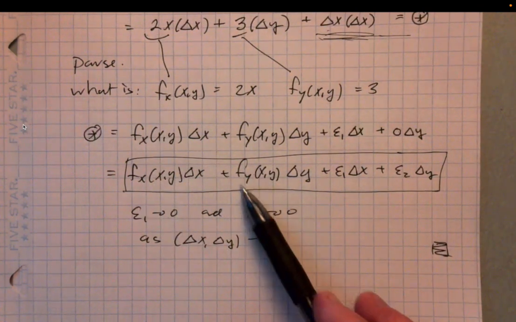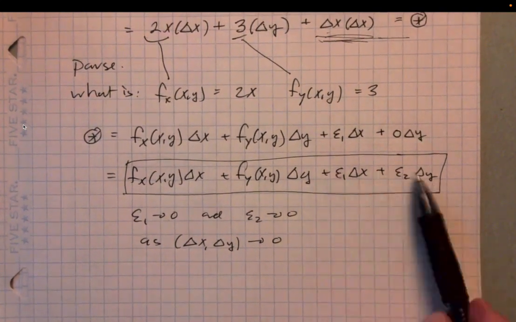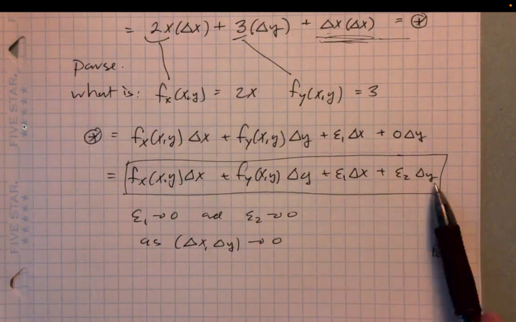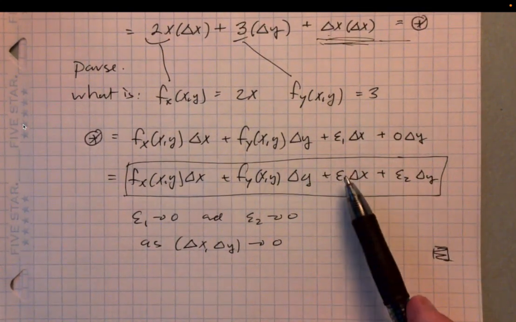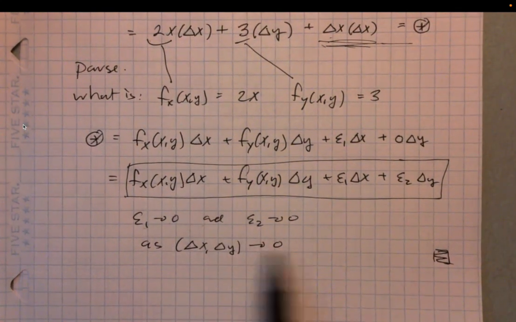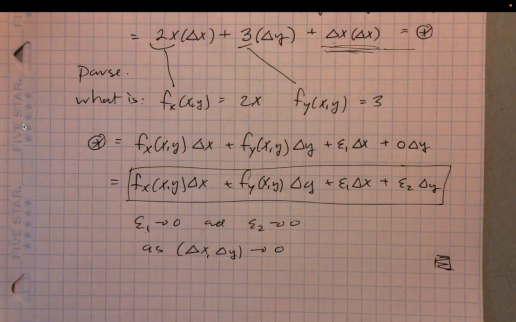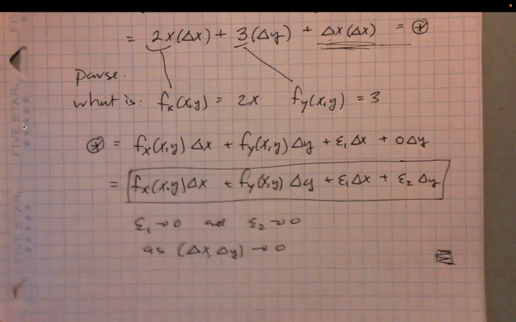Your partial derivative with respect to y is going to have to drop out and be times delta y, and then you're going to have these two other pieces, or they could be absent and just 0, but anything remaining is going to have the quality of going to 0 as the increments go to 0. Okay, and so in that case, then you have shown differentiability. Okay. All right. Very good.